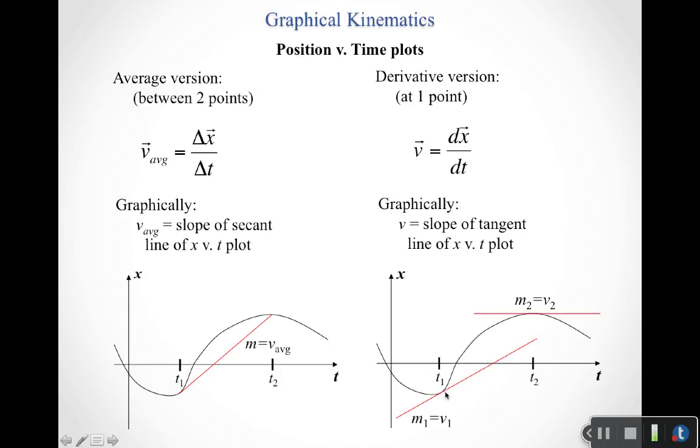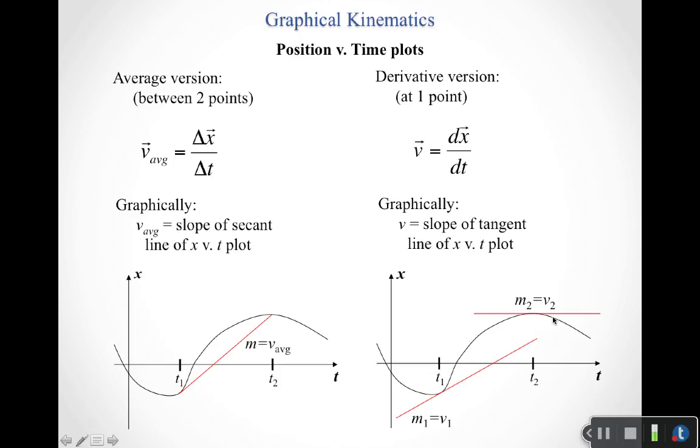So here is my curve, and at the point t1, this is the tangent line to that curve. The slope of that tangent line, y equals mx plus b, the slope of that line at t1, is going to be the same as the instantaneous velocity at t1.